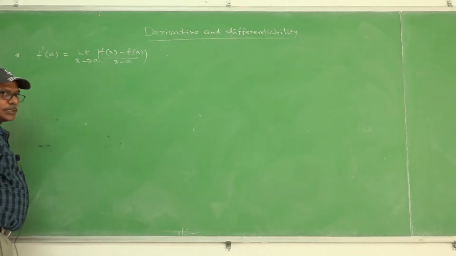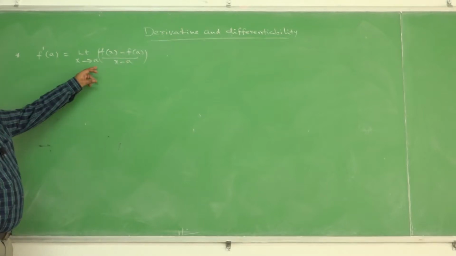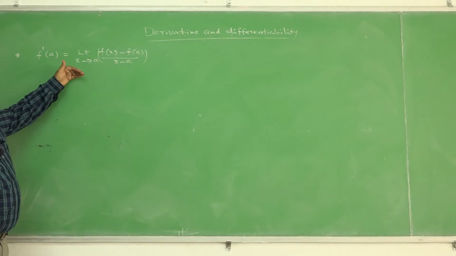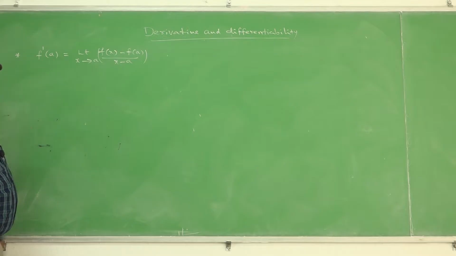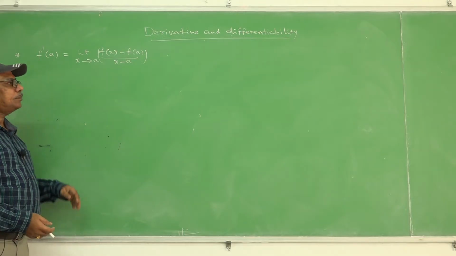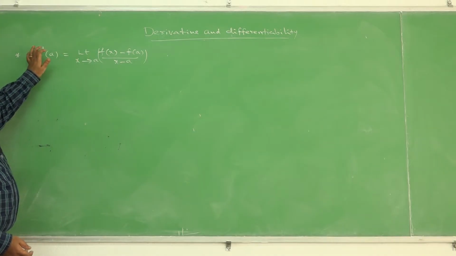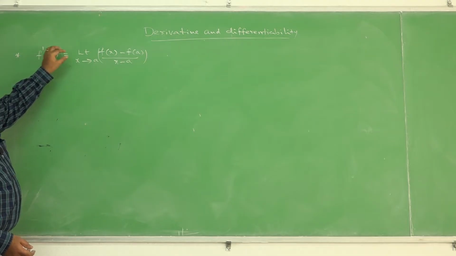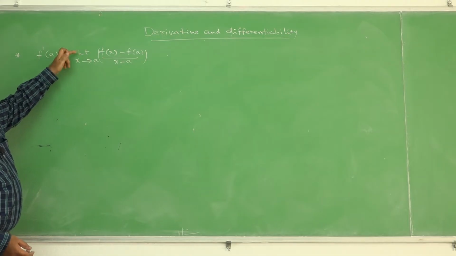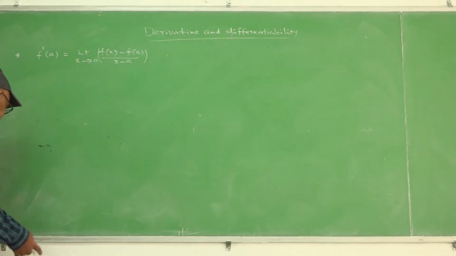Once this limit exists and takes a finite value, that limit value is nothing but the derivative of the function at a. So, derivative is also one kind of limit, that should be noted here. So, f dash a, the derivative of the function at a particular point, x equal to a, is the limit as x goes to a, f of x minus f of a by x minus a.